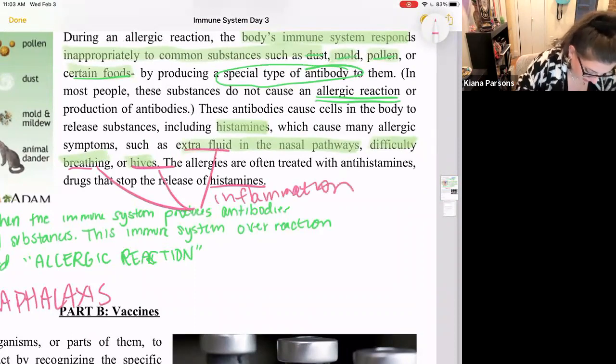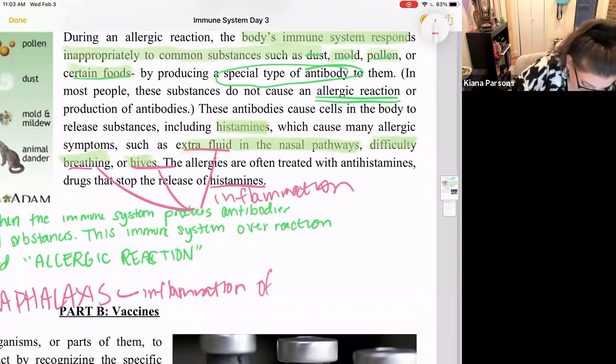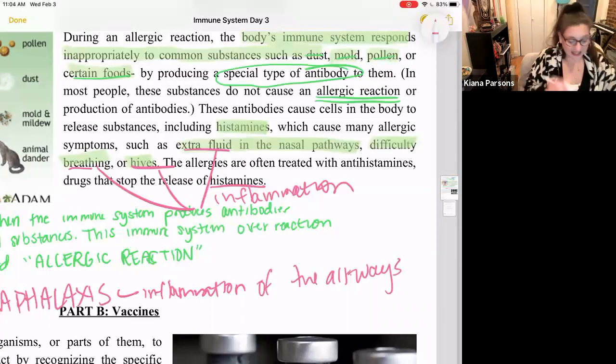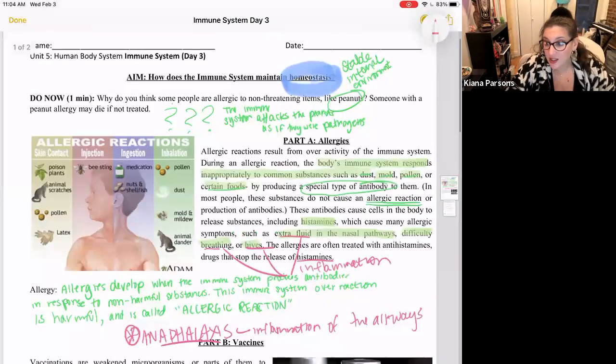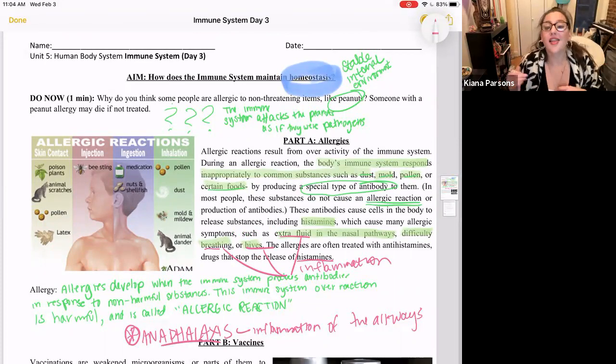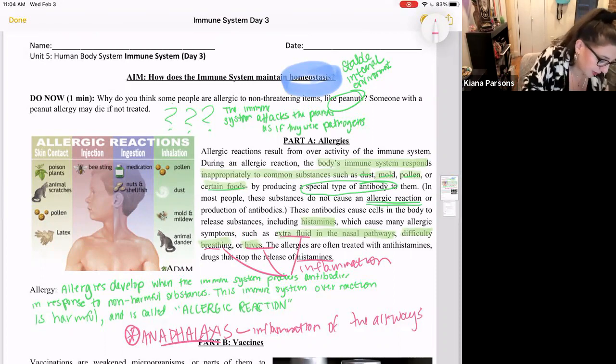And then the most dangerous inflammation of the airways is anaphylaxis. And this can lead to death, right? You can't breathe, you can die. So if you've ever known someone that has a peanut allergy, especially, which is known to cause this reaction, anaphylaxis, they may carry a device with them called an EpiPen.